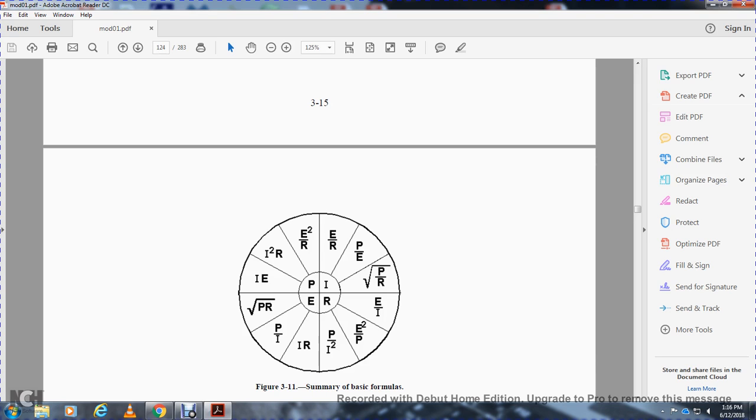The resistance, or ohms, is equal to the volts over amps, volts squared over the watts, or the watts over the amps squared. And if you want the volts, you have the square root of the watts times the ohms, the watts over the amps, and amps times the ohms.